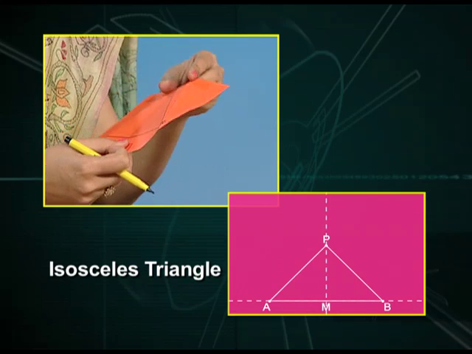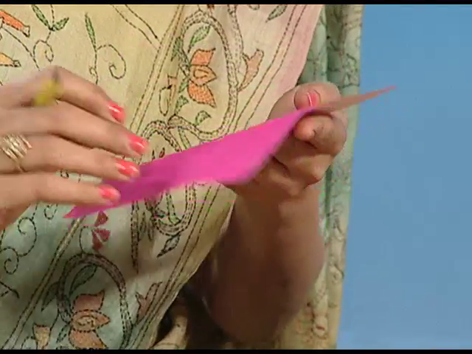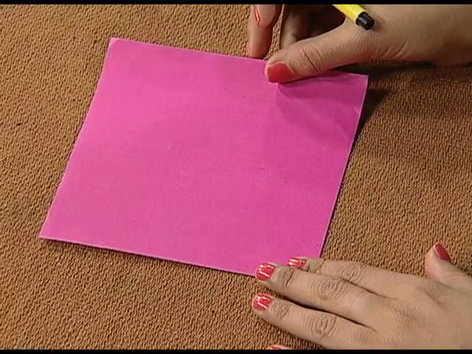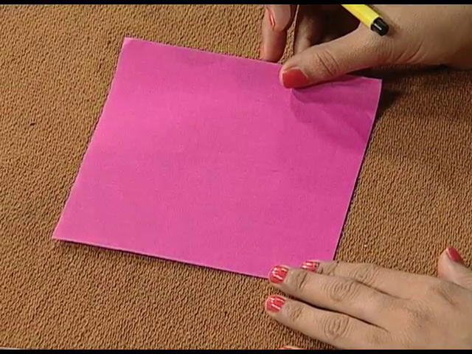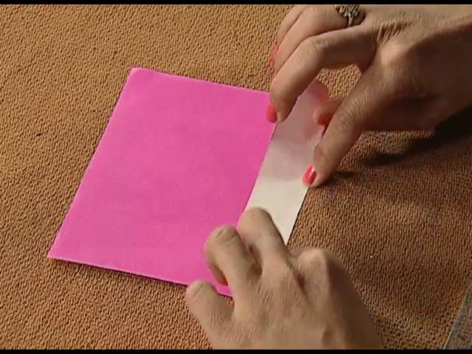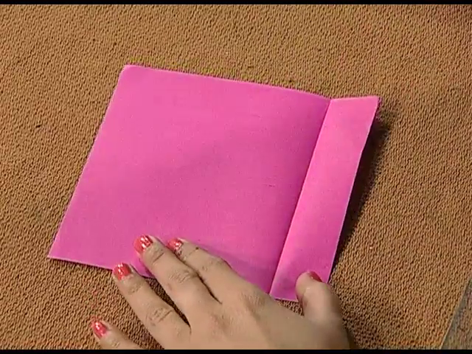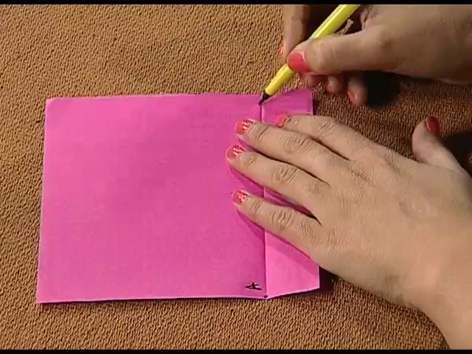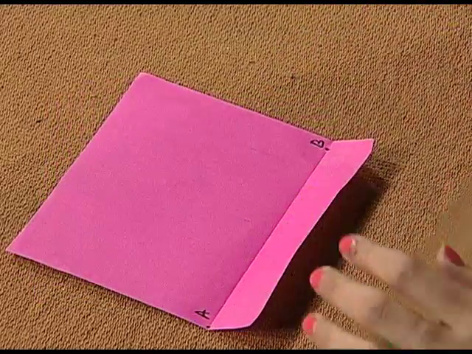Let us now take another sheet of paper and make an equilateral triangle. What is an equilateral triangle? An equilateral triangle has all the sides equal. So, we will make first crease. This crease is giving me one side.